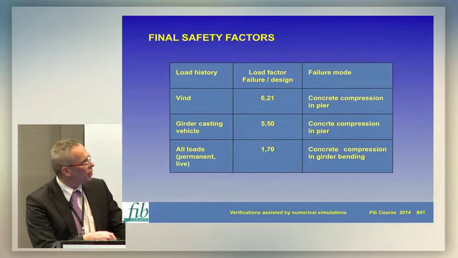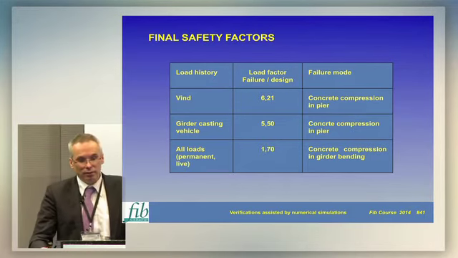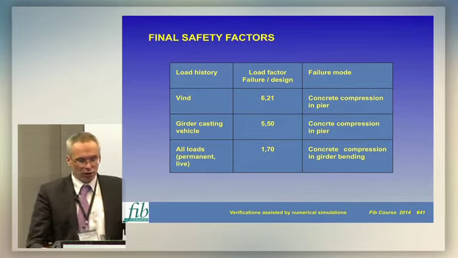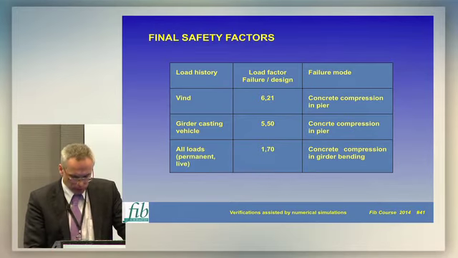Wind, you see very large load factor for failure. Casting vehicle alone, but if we then consider all the loads acting together, this was the load factor, which was 1.7, which was not that large. On the other hand, this was a construction situation where it is quite easy to control very well the loading acting on the structure.